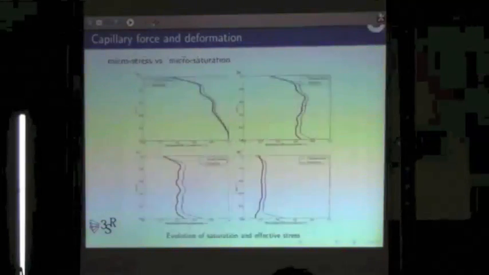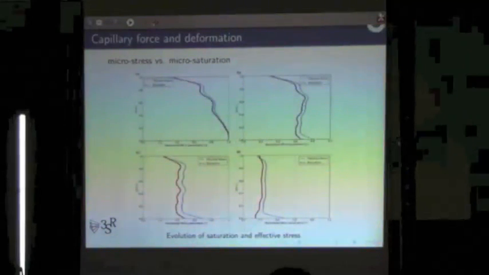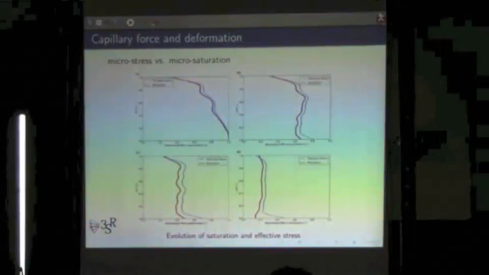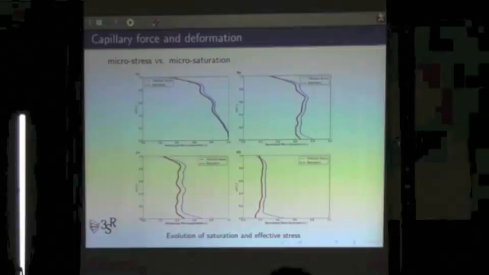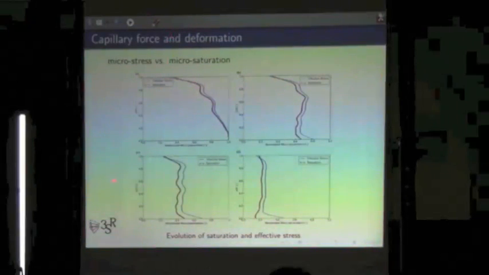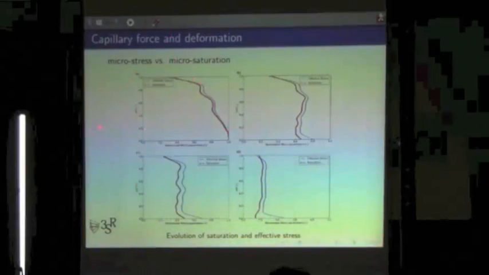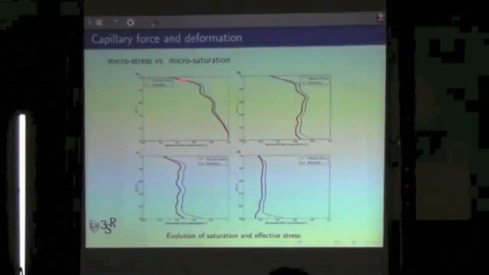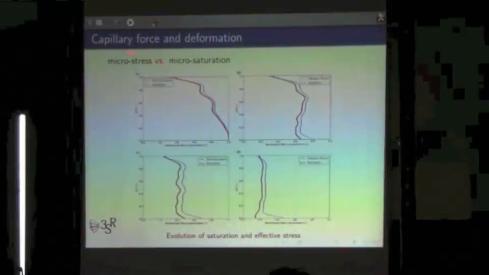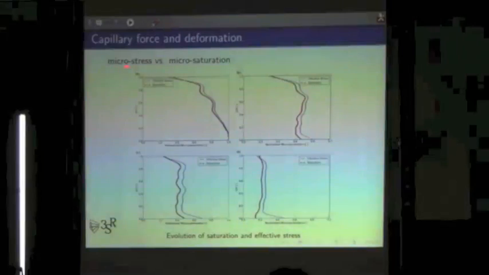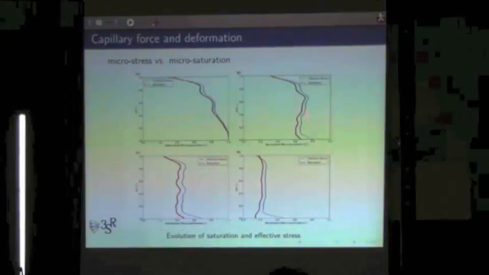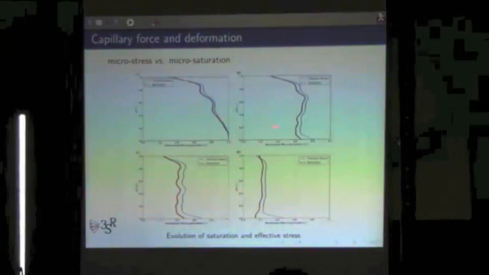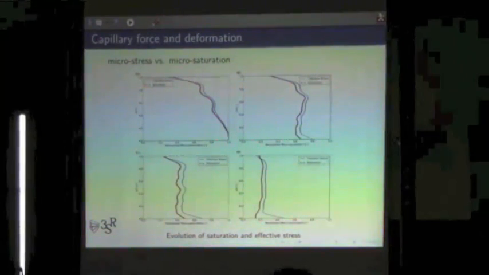If we keep digging deeper, we see in macro scale what happens. This is the flow image about the macro stress and macro saturation. The y-axis is the height of the sample. We use the averaging technique to average the stress and saturation at different levels, at different heights. From those four images, we can get two pieces of information.